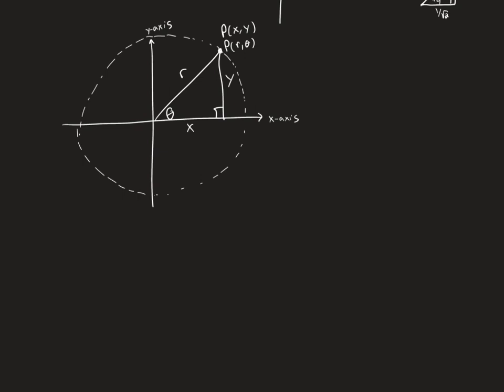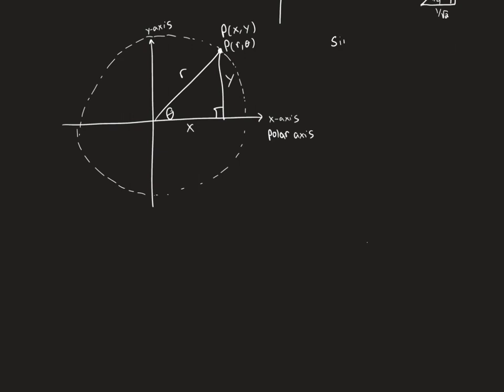So this r-axis, we can also think about the positive portion as the polar axis. And now we can come up with a bunch of relationships between x and y and r and theta, and we actually know all these relationships already.